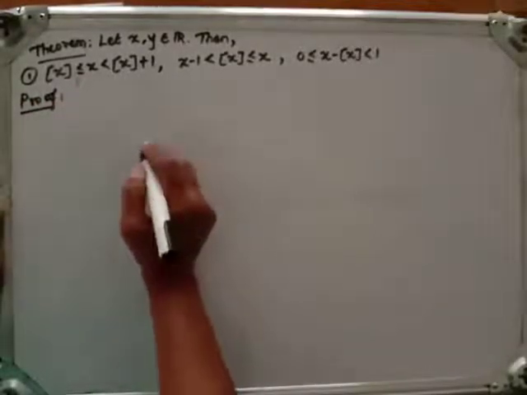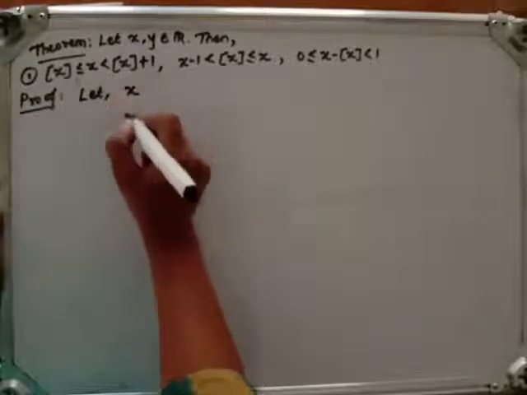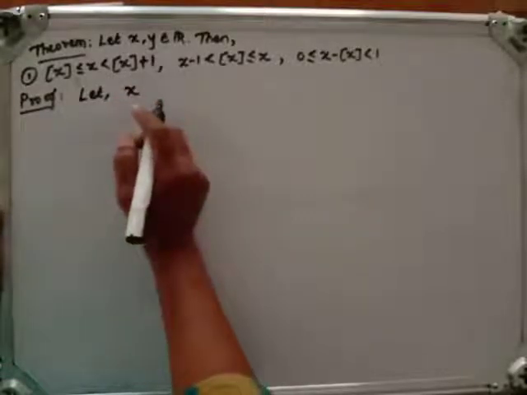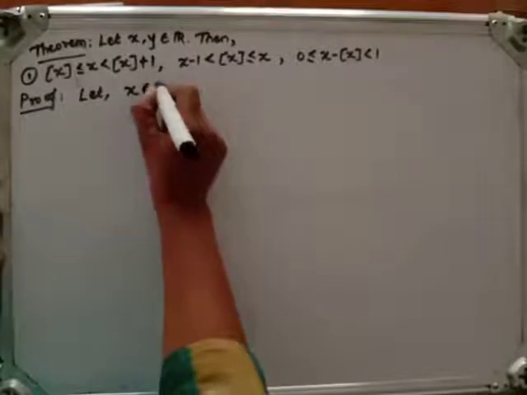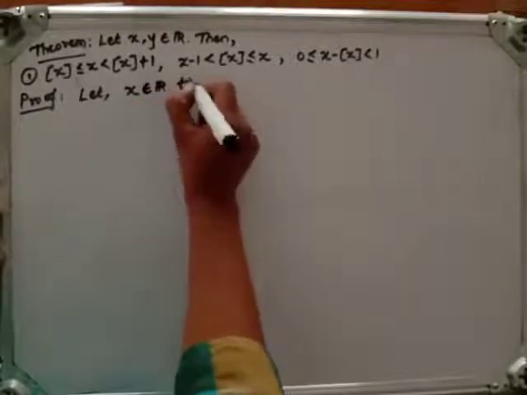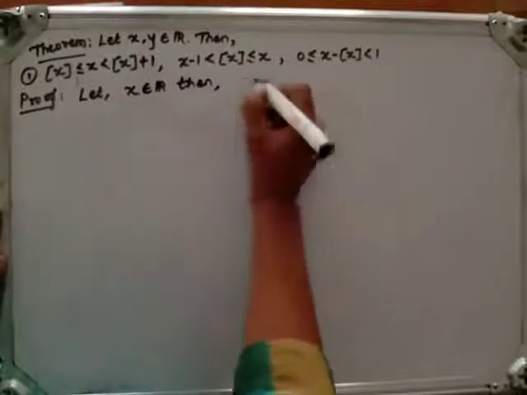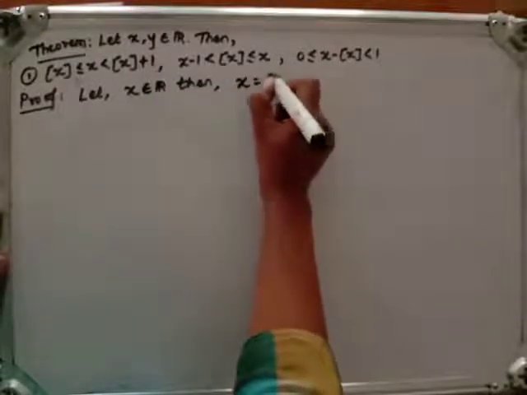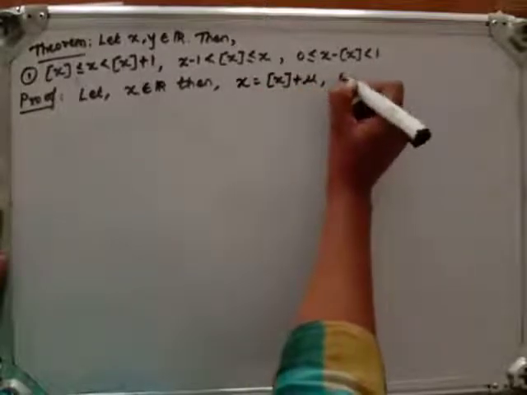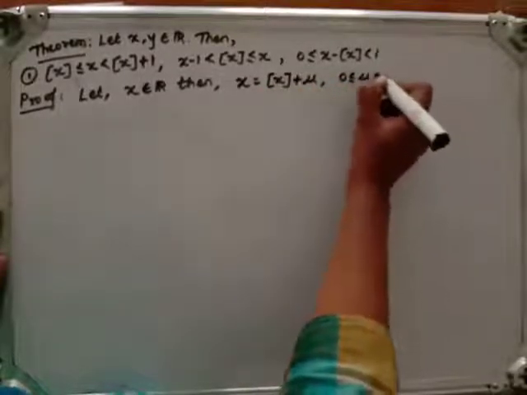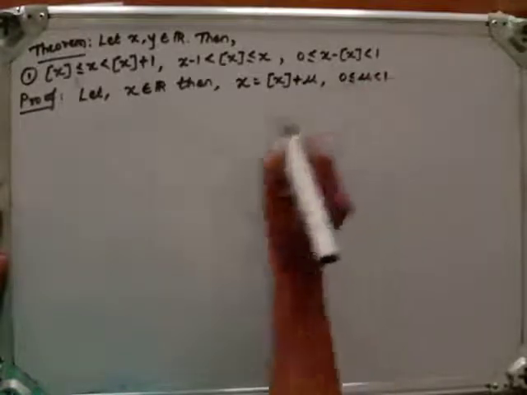Proof. Now let x belong to R. If x is a real number, then x can be written as the greatest integer function of x plus mu, where mu lies in the interval closed 0, open 1.